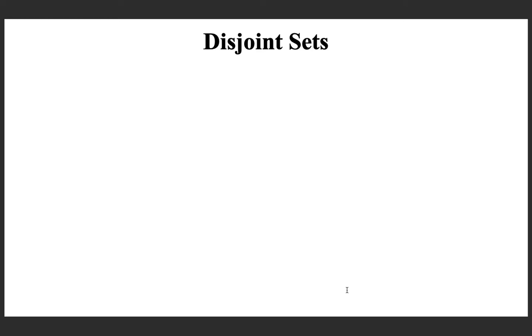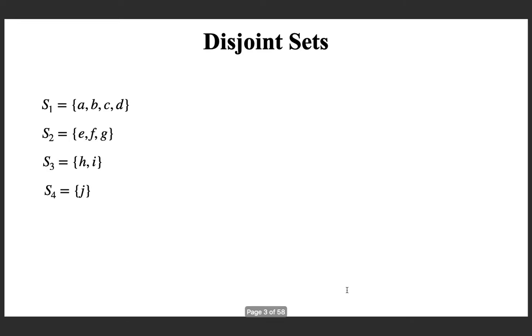We can start with an example collection of disjoint sets. If you see these sets S1, S2, S3 and S4, you can easily verify that they are pairwise disjoint.